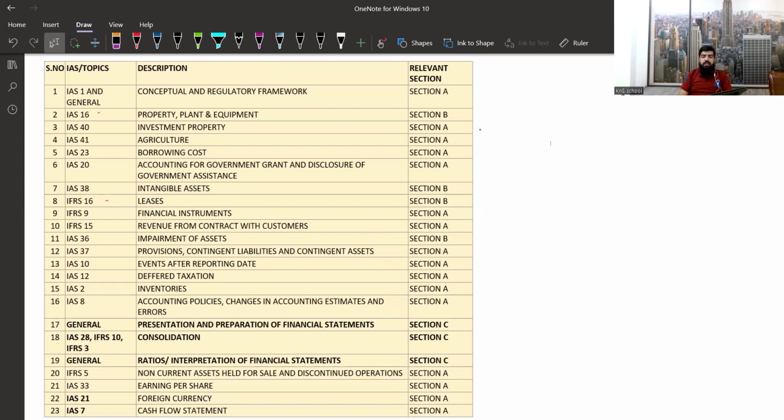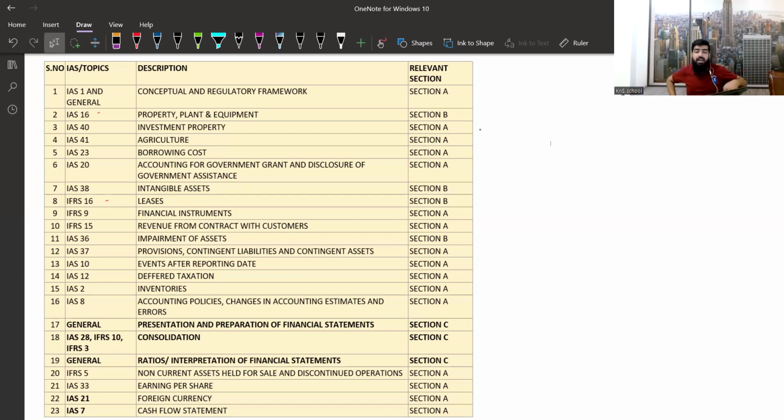Unlike F6 taxation, or F8 audit and assurance, where some areas or chapters are specified by the examiner to be tested in particular sections, in F7 financial reporting there are no such guidelines by the examiner. But based on my past experience and analysis, I have made an analysis of which chapters can be tested in which sections.